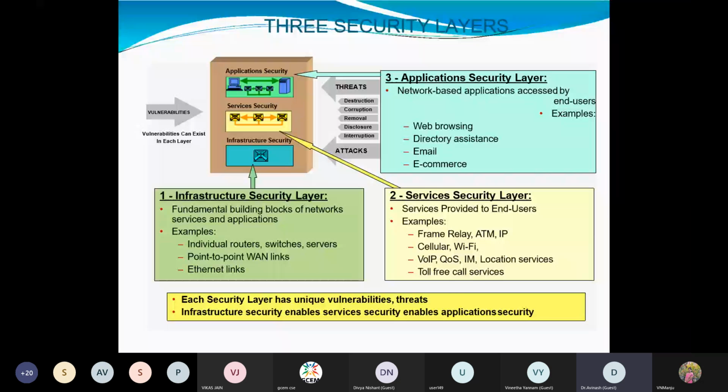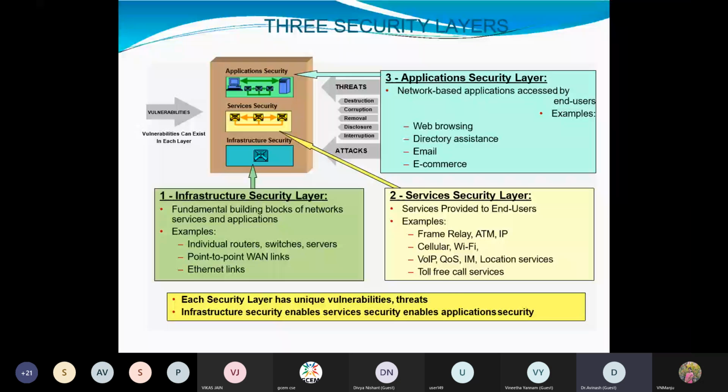Now we discuss the security planes or the security layers. There are three different types of security layers. The first layer is called the infrastructure security layer. This particular layer handles the fundamental building blocks of the network or the services and applications.